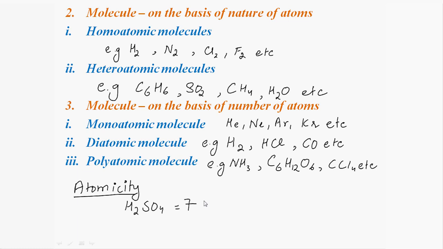Let's have another example. Glucose. What is the atomicity of glucose? 6 plus 12 plus 6, that is 24. What is the atomicity of hemoglobin? Yes, hemoglobin is made up of 10,000 atoms. So its atomicity is 10,000. That was all about molecule.